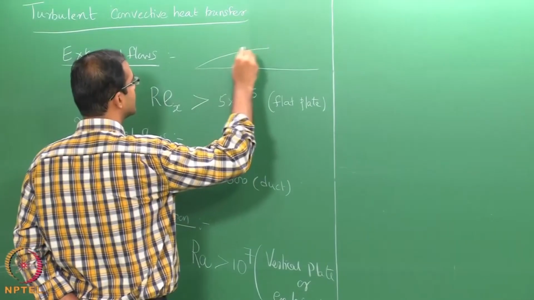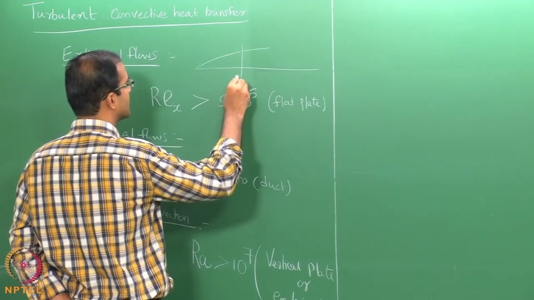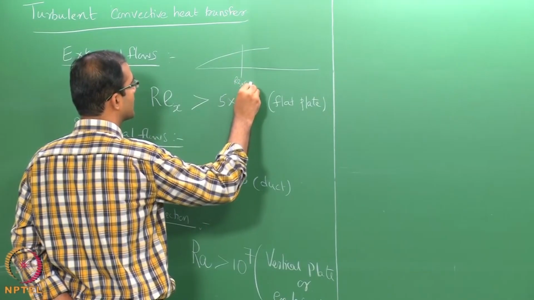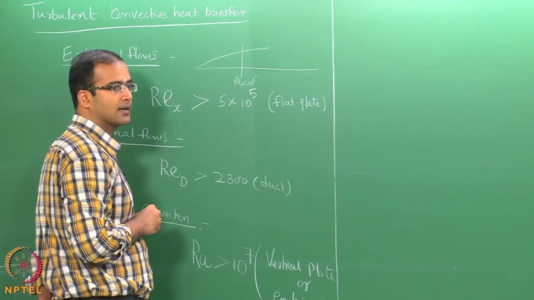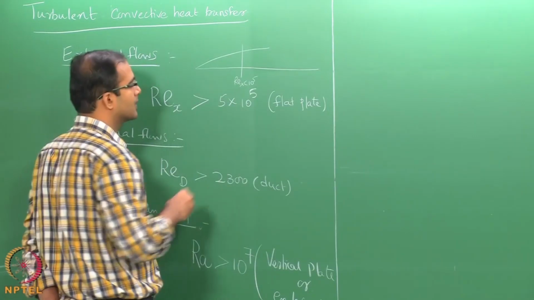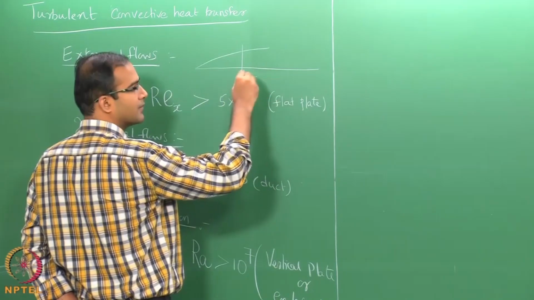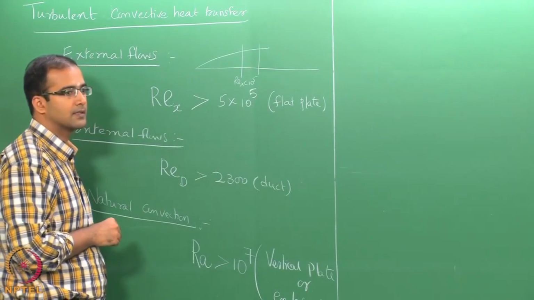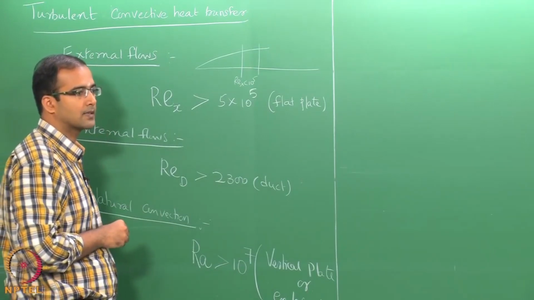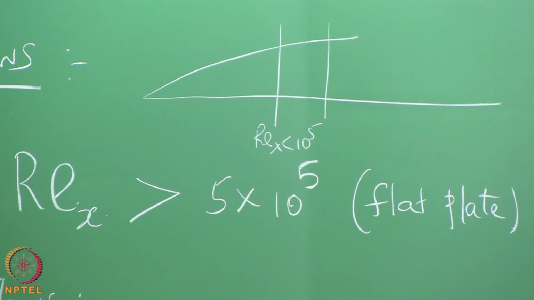Till a certain position, the Reynolds number is less than 10 power 5. This is where our Blasius solution and everything is applied. After 5 into 10 power 5 you have a small transition zone in which instabilities will change the pattern of flow.